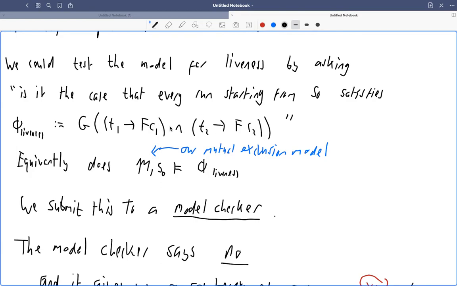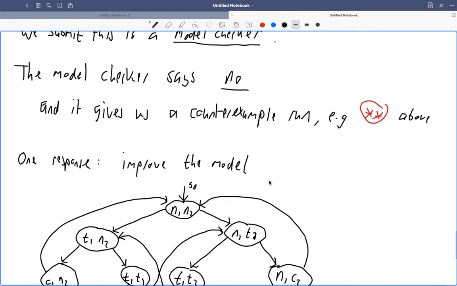There are many modelling situations in computer science in which there are liveness properties that will have some similarity to this, in that they will still be about making sure that something good will always eventually happen in the future, but it need not be exactly this property. Here I'm just using phi liveness to mean this property because we're talking about this particular system of mutual exclusion.